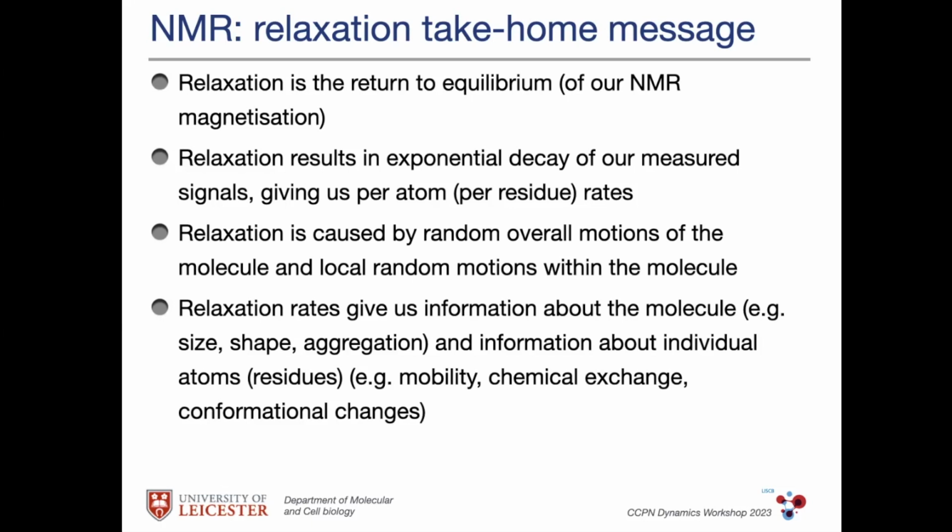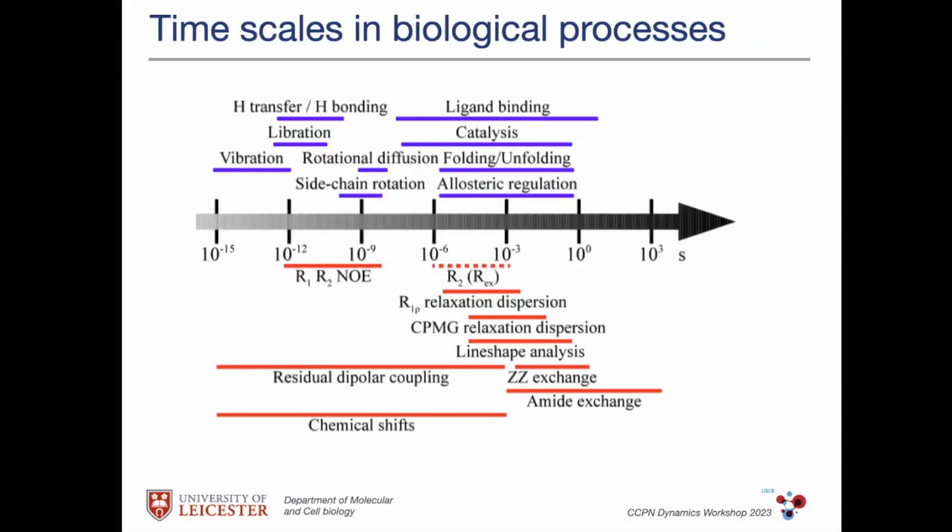And as such, we can interpret those relaxation rates to give us information about the molecule. That is size, shape, aggregation, and it can give us information about individual atoms and residues. For example, the mobility, are they subject to chemical exchange, conformational changes, and all of those items. And that's why we're interested in doing these kind of experiments.